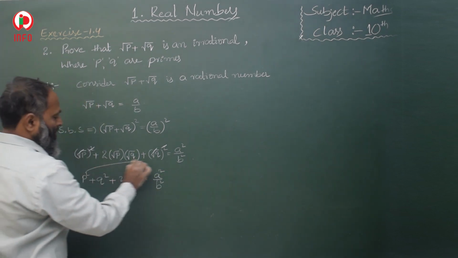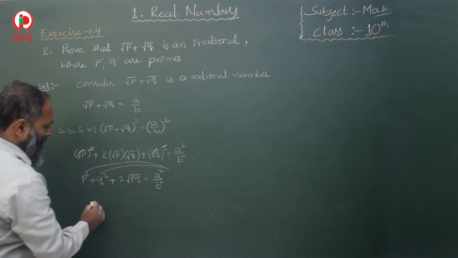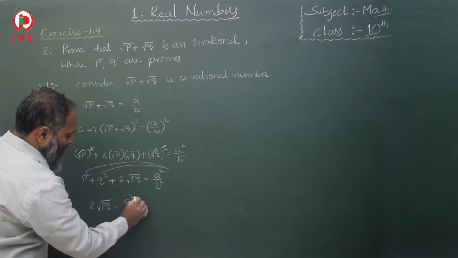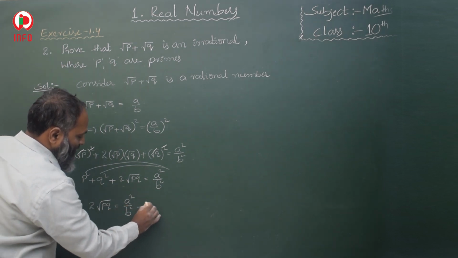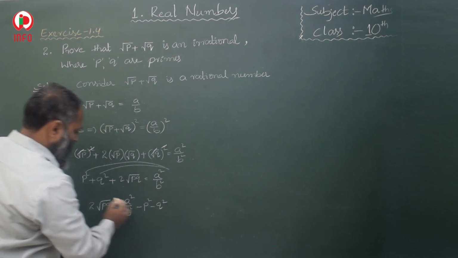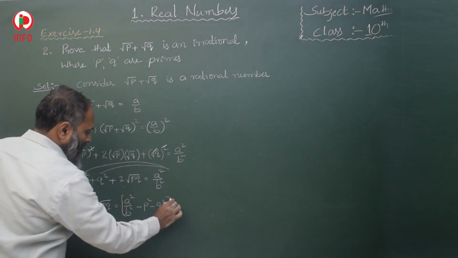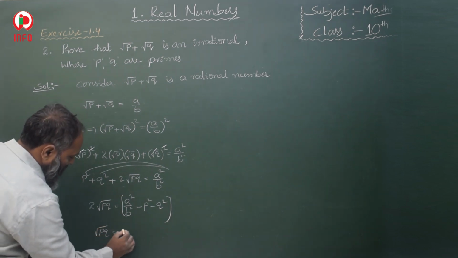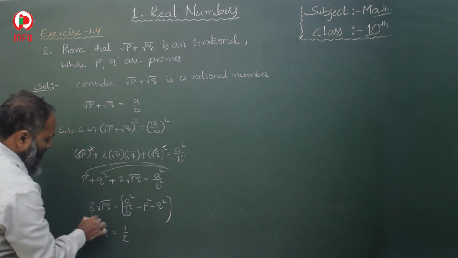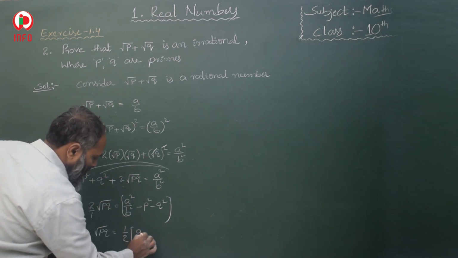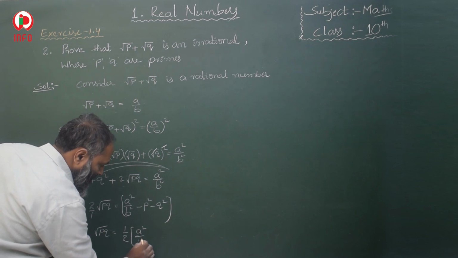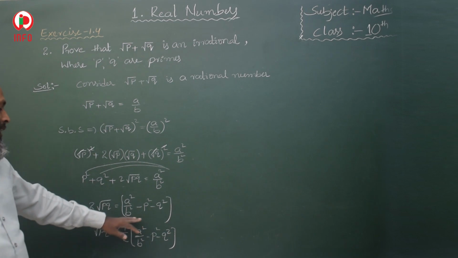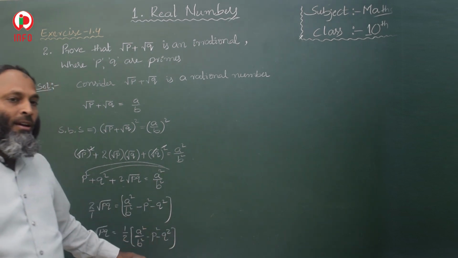Now transpose: 2 under root p into q is equal to a square by b square minus p square minus q square. So after that transpose 2 there, under root pq is equal to 1 by 2 into a square by b square minus p square minus q square. Here is the LHS and this is the RHS.